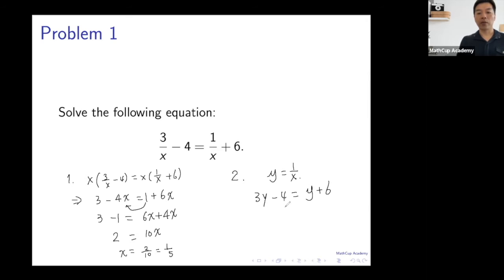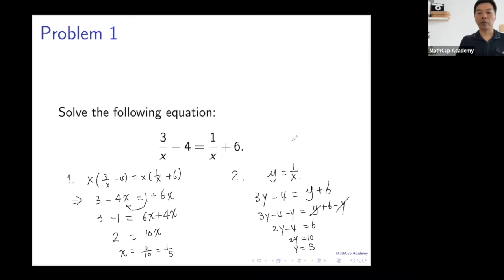And this is a linear equation in y, and we're going to subtract y from both sides. You get 3y minus 4 minus y equals y plus 6 minus y. So cancel the y, and 2y minus 4 equals 6. So 2y equals 10, and y equals 5.